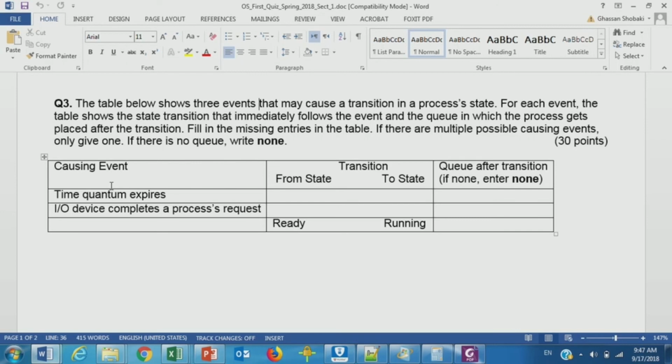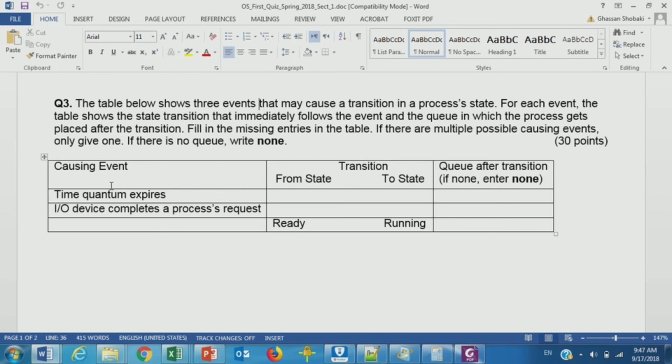The scheduler dispatch. There is no other event. The only way to go from ready to running is when the scheduler selects this process for the CPU. So that's scheduler dispatch. And then the process will be running. And in which queue will the process be? None. So the answer here is none.